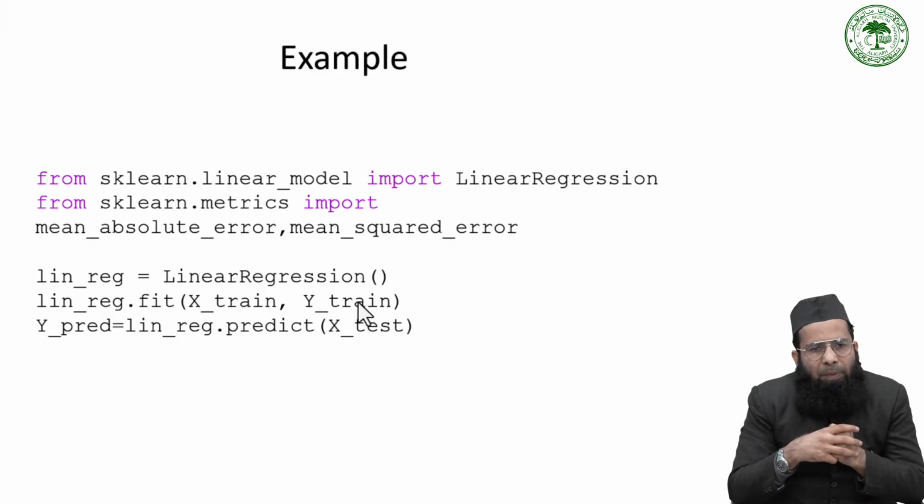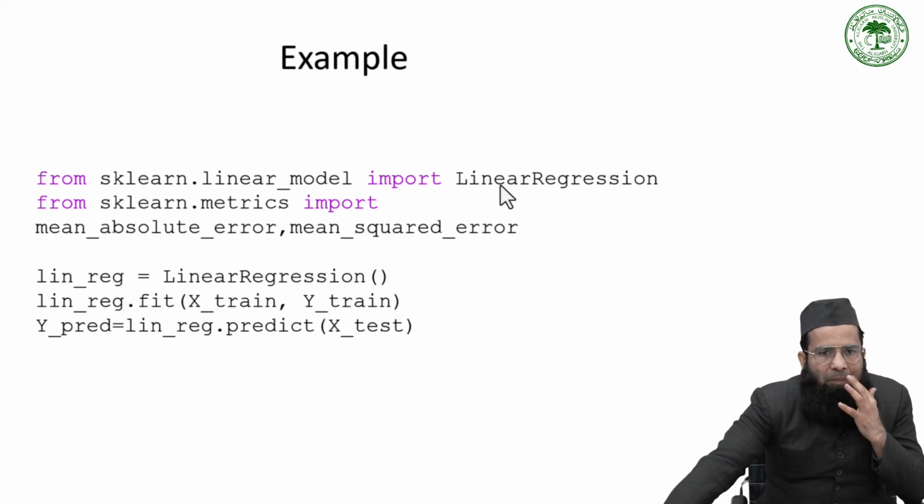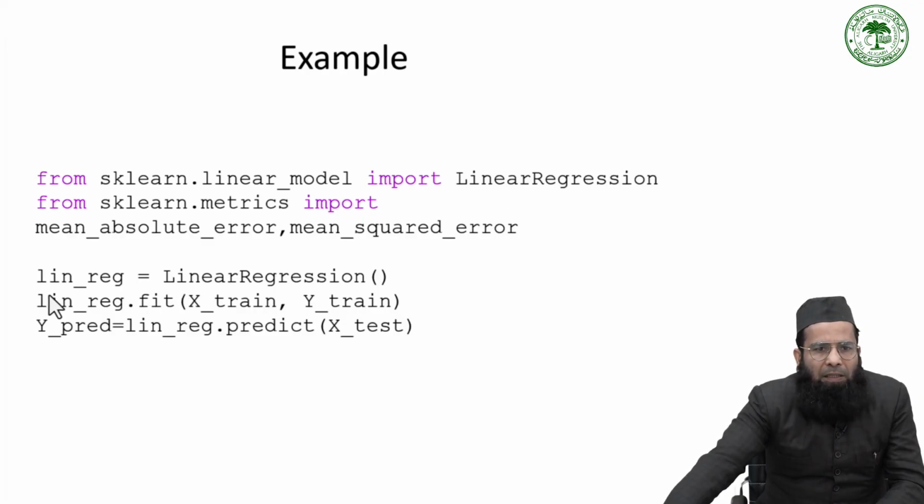Here is a simple program that depicts how we can use scikit-learn. So here I am importing linear regression, right? I am trying to use linear regression, and I have created a handler for that in this case. And xtrain and ytrain are my training data set, right? Xtrain is the training data set of independent features, and ytrain is the training data set of the dependent feature, right?